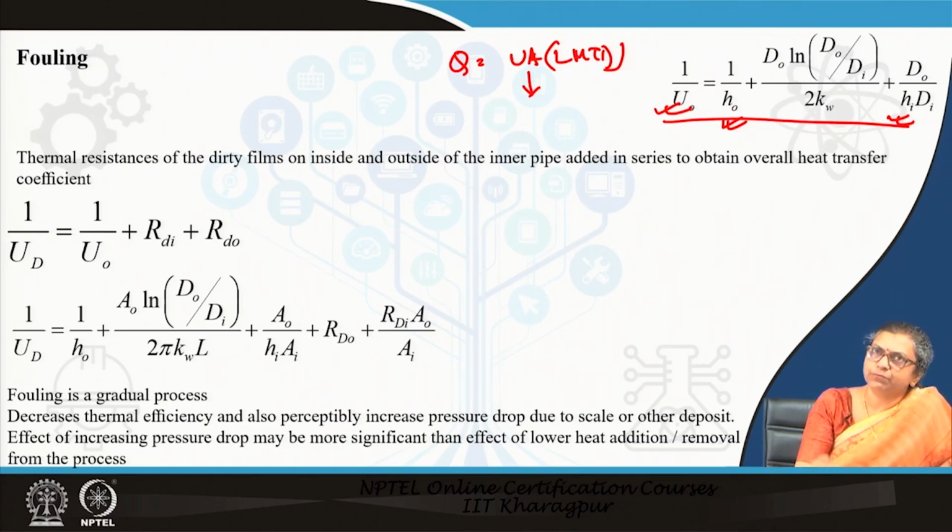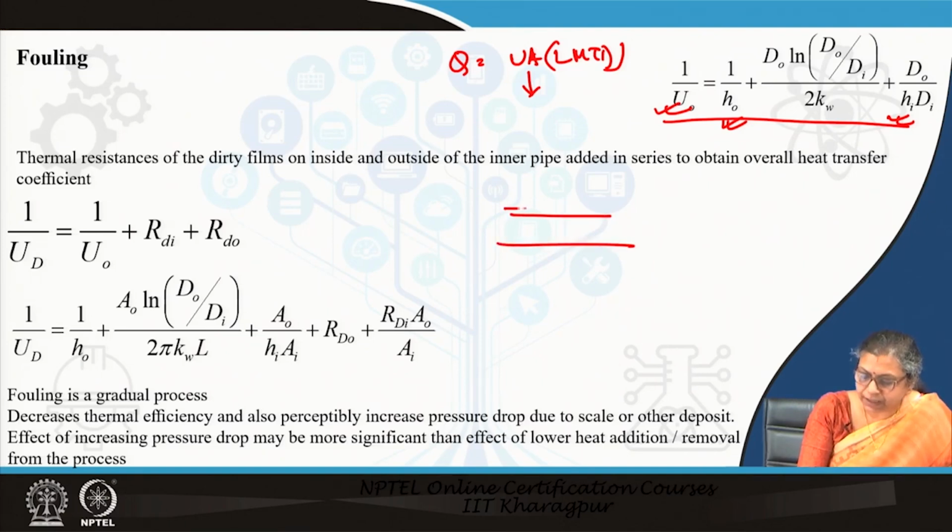There will be some deposit, some corrosion, something on the tubes, and as time proceeds, due to the dirty films on the inside and outside, there will be an additional resistance to heat transfer due to the deposits.